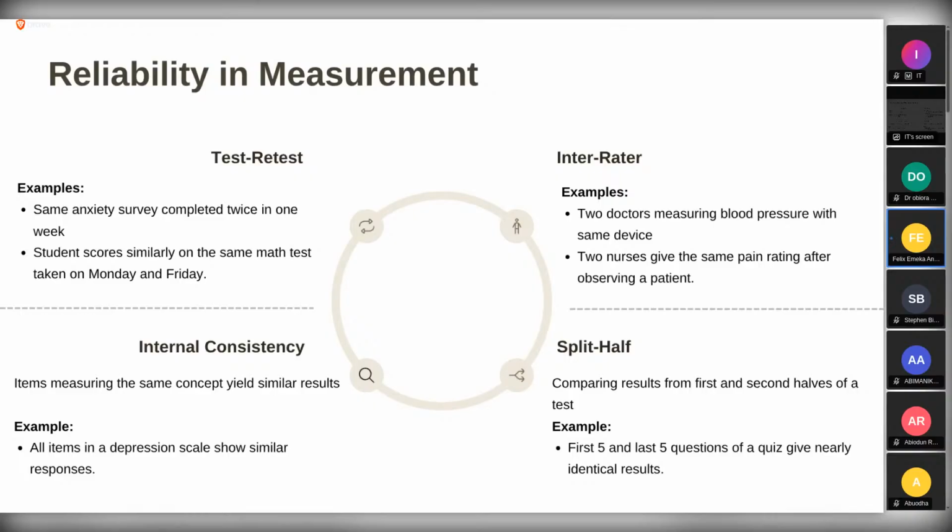If you want to use a blood pressure device for research, to ensure that the equipment is working so that you can record the values, you do an inter-rater check, meaning that a first doctor uses it to measure the blood pressure of the participant, then another doctor measures the same blood pressure. That way, for the same participant, you are able to tell that the tool measures the same thing no matter how many times you use it.